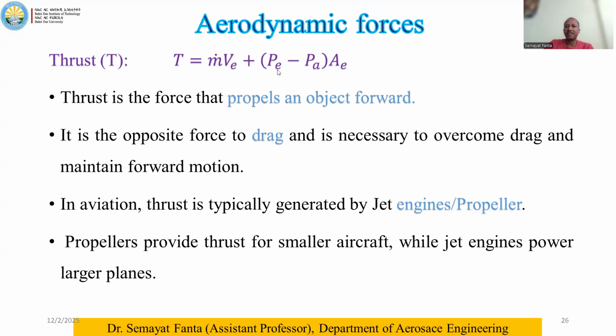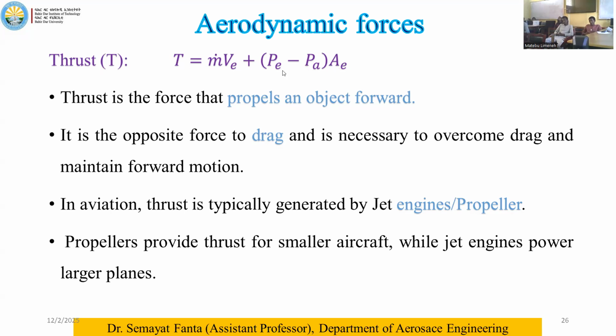Another term is the exhaust pressure minus ambient pressure times the exhaust area. So exhaust area, exhaust velocity, and the mass flow rate of the fuel are related with thrust.